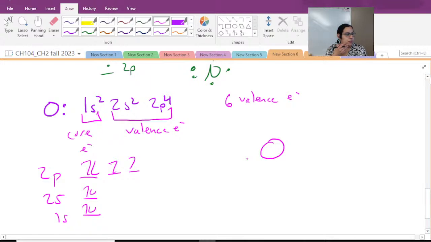So what does our oxygen Lewis dot structure look like? Any guesses? And I gave a trick. What was the trick to try to translate it? Do y'all remember?